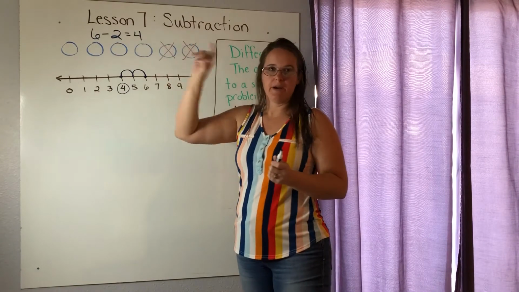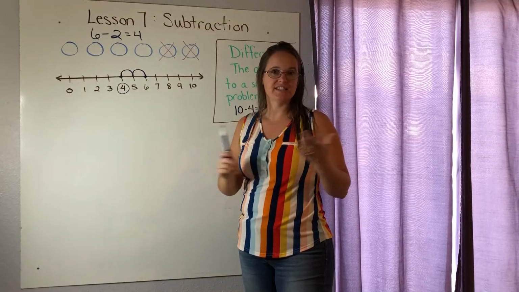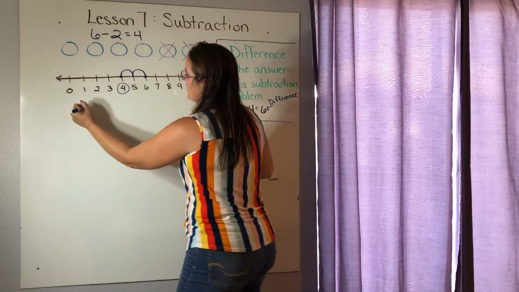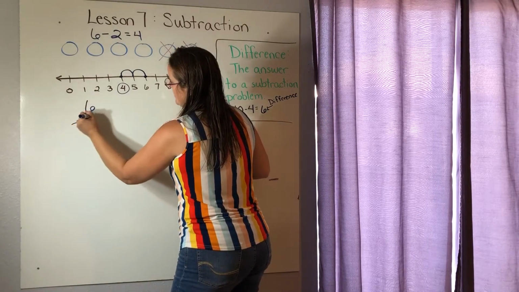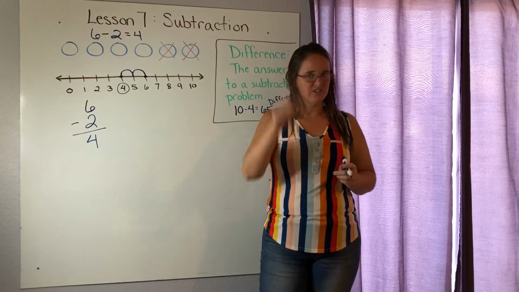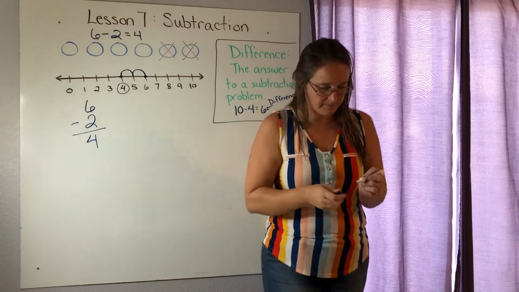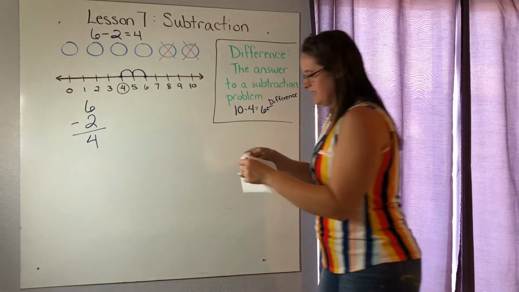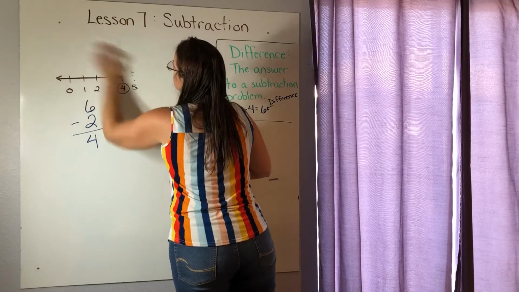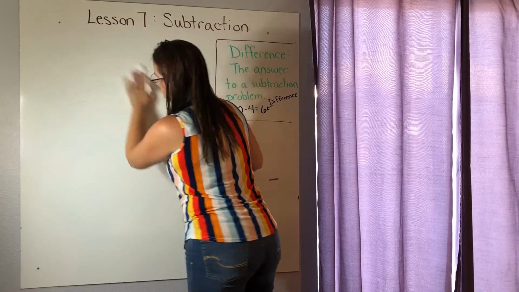Here I've written my problem horizontally, but just like with addition, how we can write it horizontal or vertical, I can write this like that as well, and it's the same problem, just in vertical format. Okay? All right, I'm going to get rid of this so that we can do some practice problems.